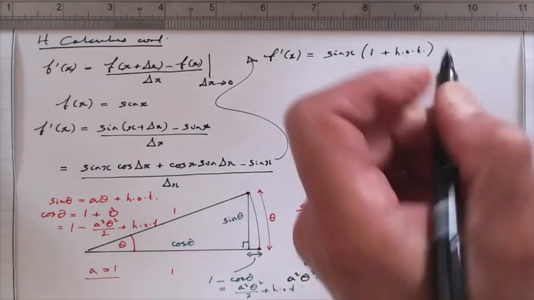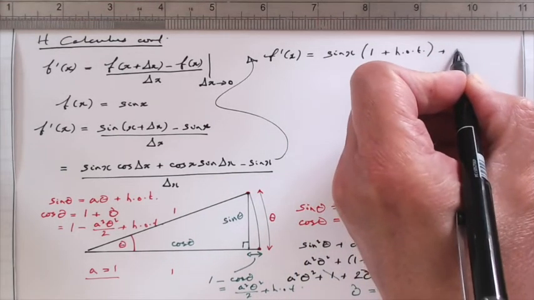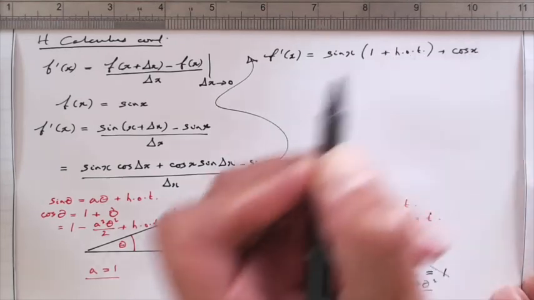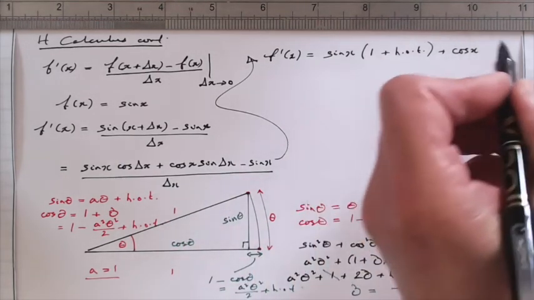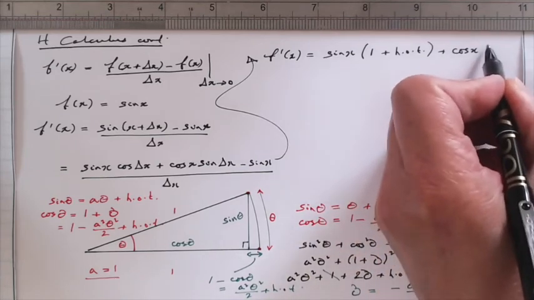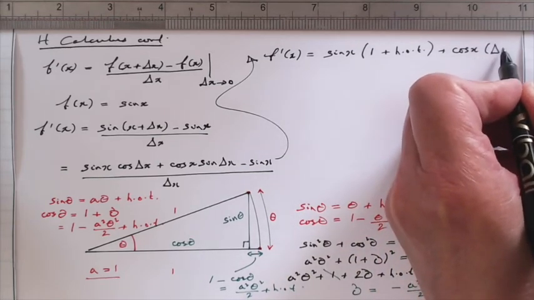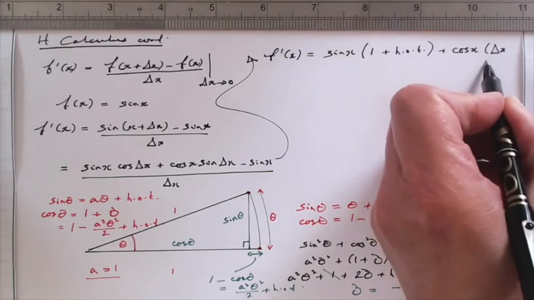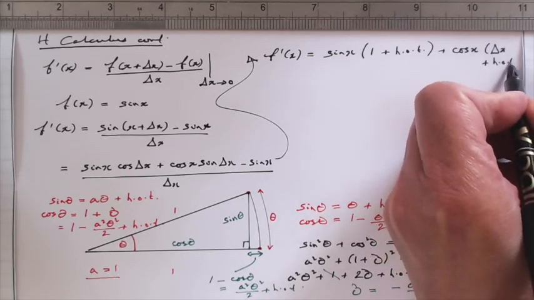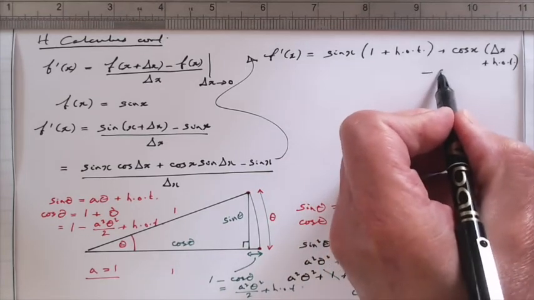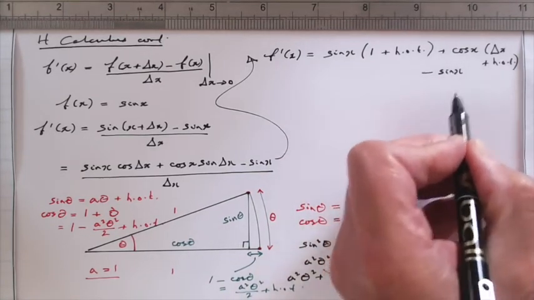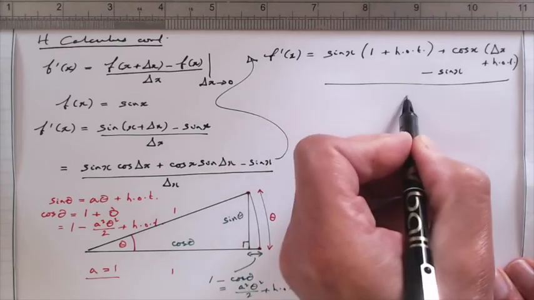And then I have plus cosine of x times sine of delta x, which we know is delta x plus higher order terms. And then I have to subtract sine x from all of that and divide the whole thing by delta x.